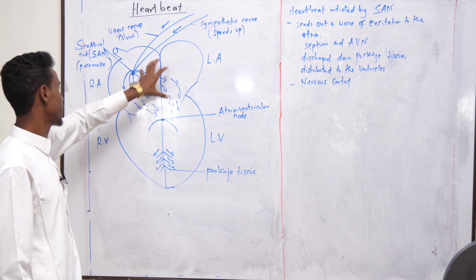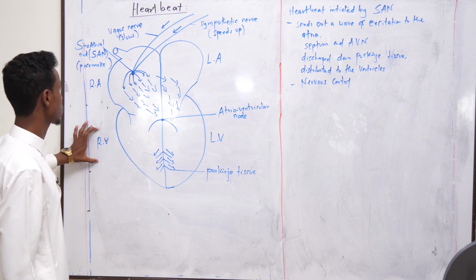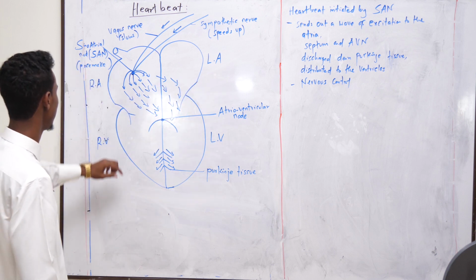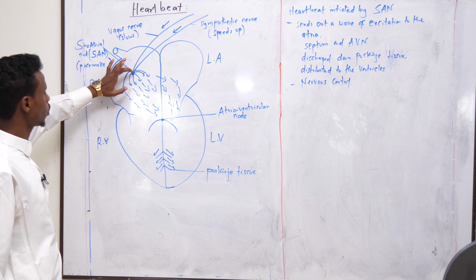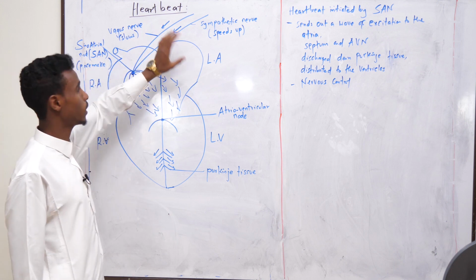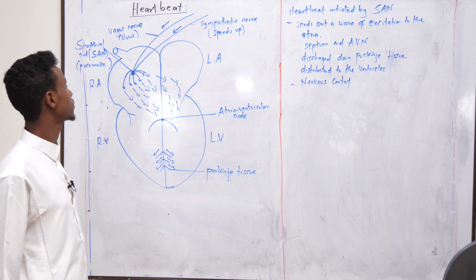Here we have a rough sketch of the heart. This is the right atrium, right ventricle, left atrium, and the left ventricle. As you can see, we have the sinoatrial node here, known as the pacemaker. We have two nerves, that is the vagus nerve, and we also have the sympathetic nerves.